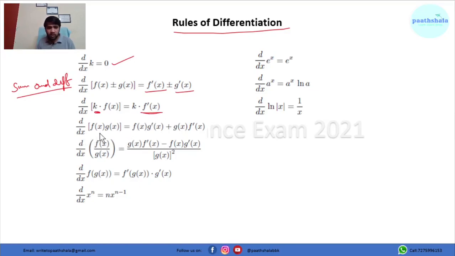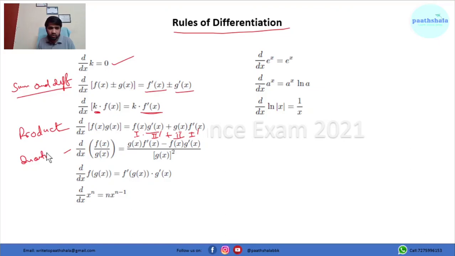Okay, this is called the product rule. In this product rule, the formula is first function times differentiation of second function, plus second function times differentiation of first function. This is called the quotient rule.